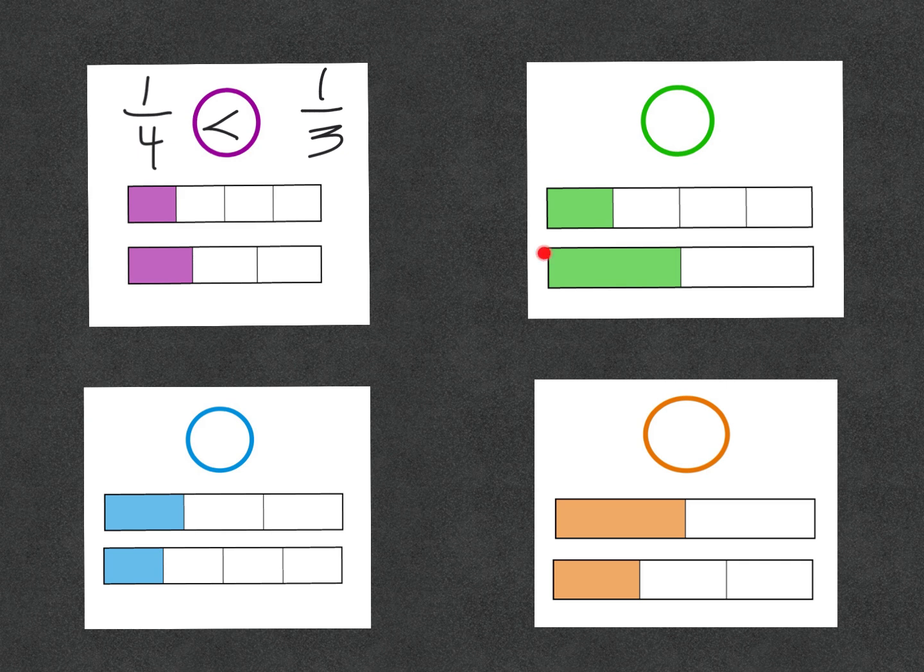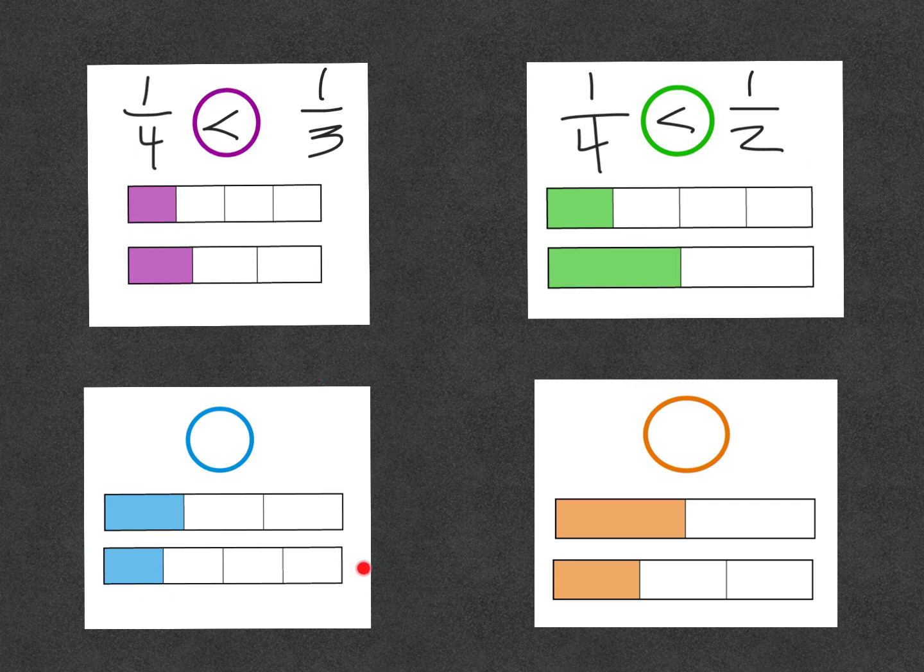Moving on to our green set of fraction strips. We have 2 wholes again. One is split into 4 equal parts. The second is split into 2 equal parts. We can clearly see from the math drawing that 1/4 is less than 1/2.